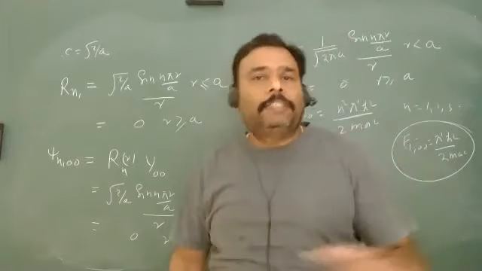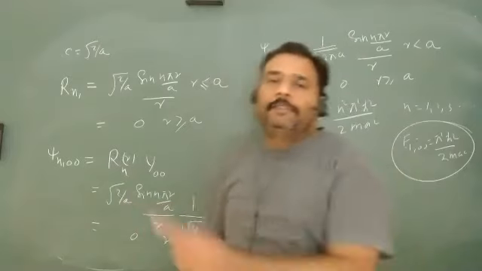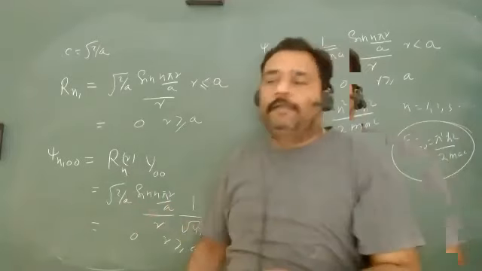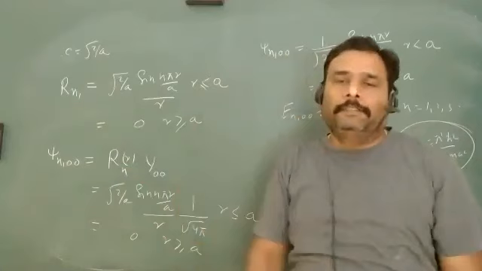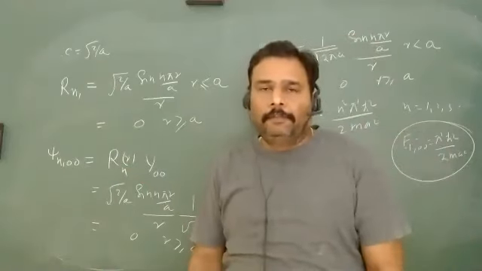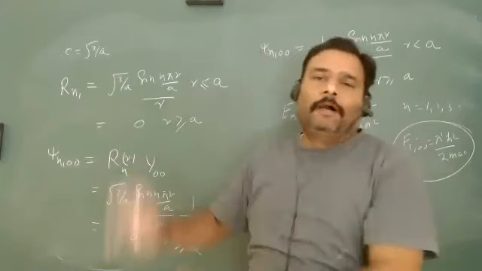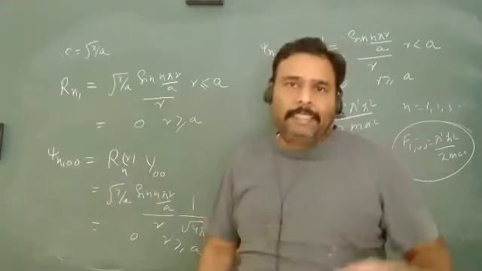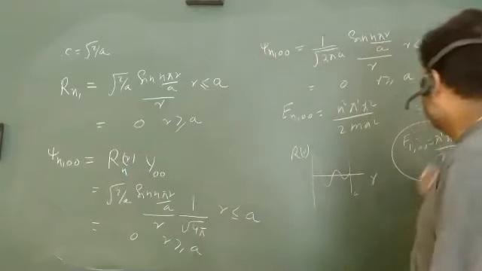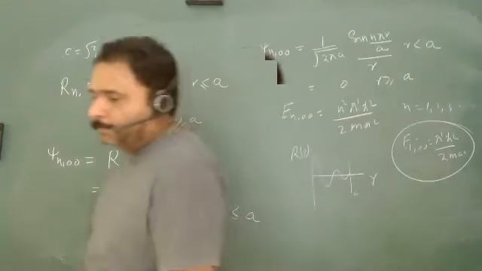The energy is only associated to the radial part. So if energy is only associated to the radial part, there is only 1 degree of freedom associated to the energy, for L is equal to 0 actually. So the effect of the centrifugal part will be gone and only translational kinetic energy is there, and that will be equivalent to a particle in a box for 1 degree of freedom.